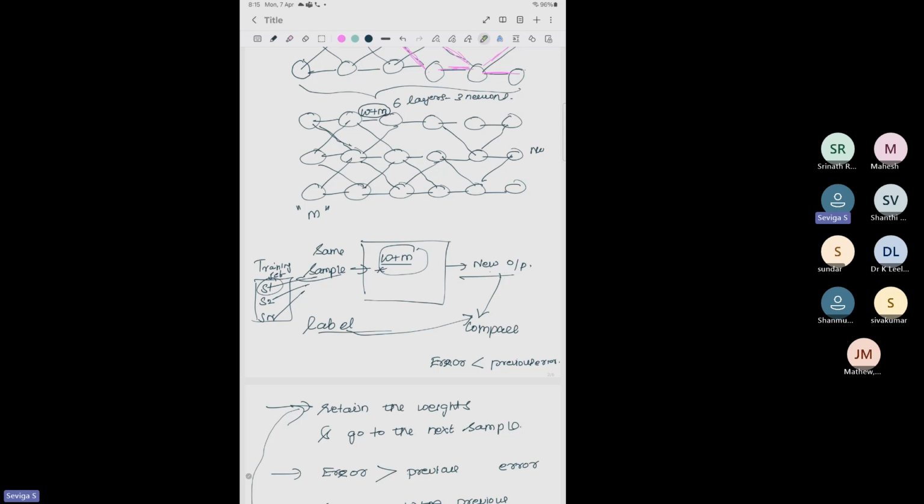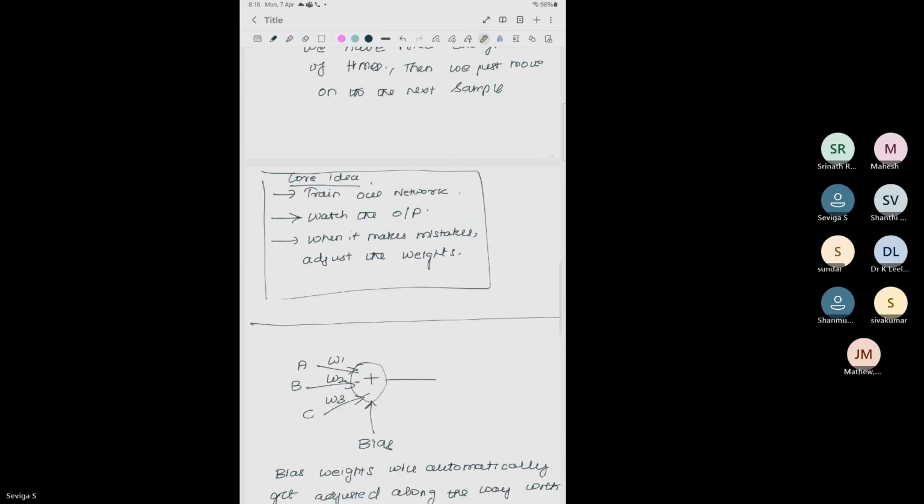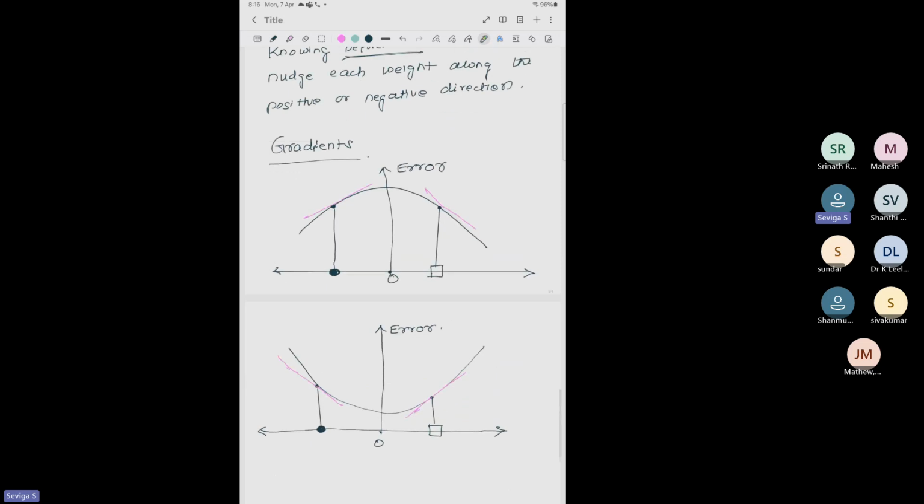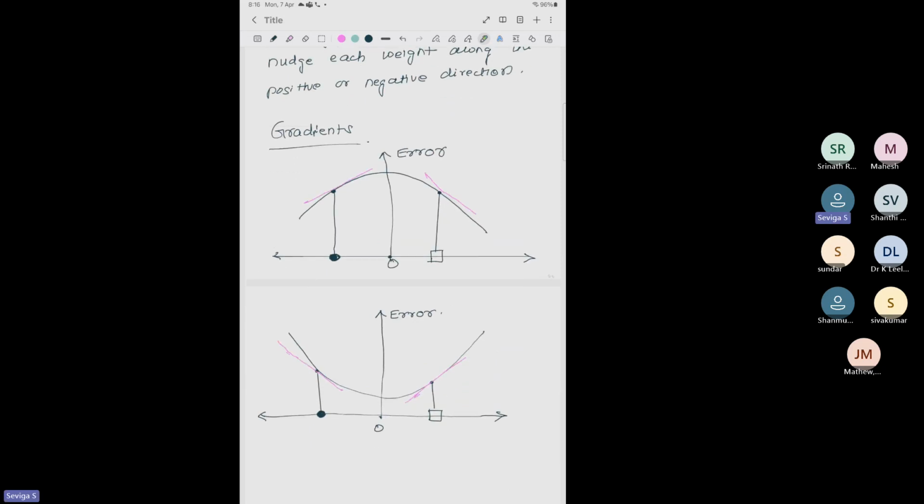So what can be the problem here? Any idea? Here also there can be a disadvantage. What can be the disadvantage? We may not know whether it is a local minima or a global minima.